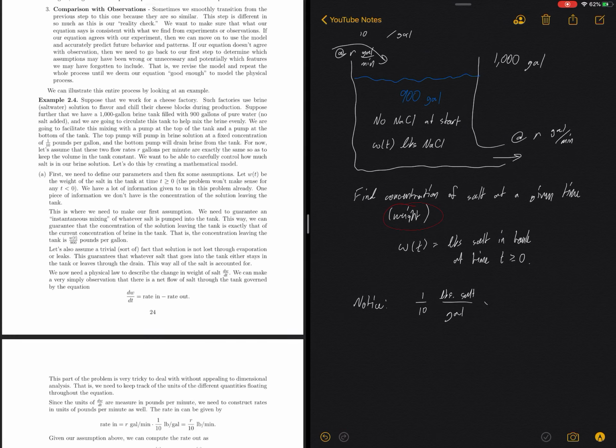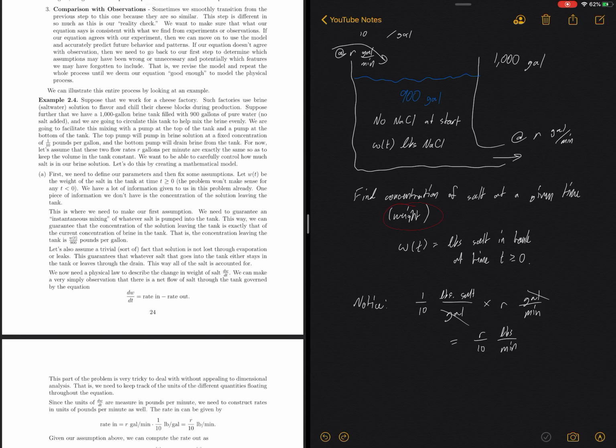So 1/10 of a pound of salt per gallon, not minute. That's where I messed up last time. There we go. Per gallon times R gallons per minute. So this is an honest to goodness product, and the whole reason I'm doing this is so I can cancel out the gallon units and wind up with R/10 pounds per minute.